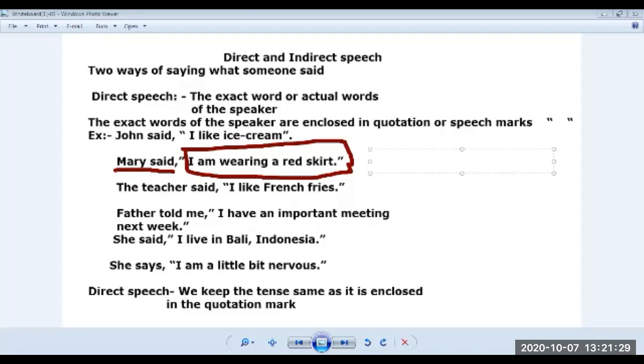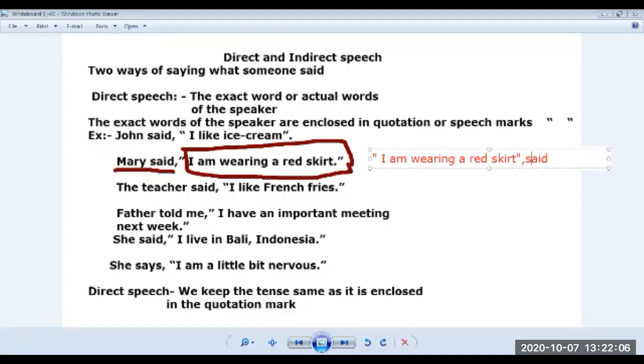Now, this sentence can also be said like this: "I am wearing a red skirt," close inverted comma. Then you will say, said Mary.